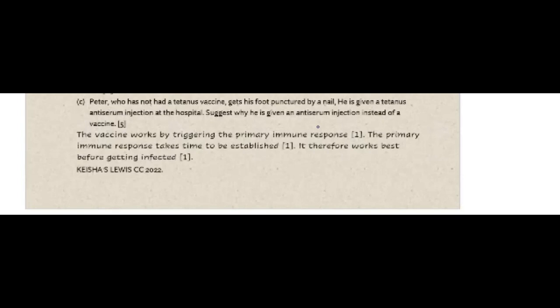And if you already have an infection, or you already are exposed to a particular toxin, you can't wait for the lymphocyte to go and produce the antitoxin or antibody. So in that case, you give them the anti-serum one time. So an anti-serum would be like giving the person ready-made antibodies or antitoxins.